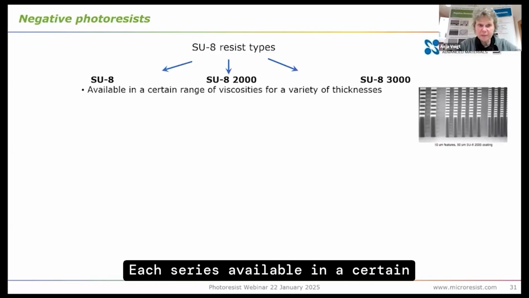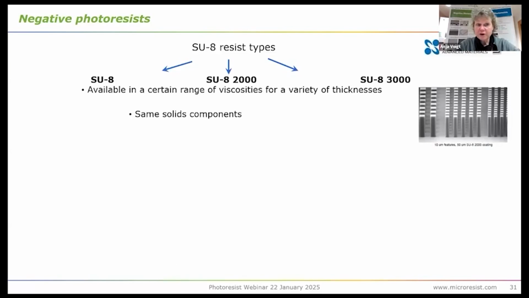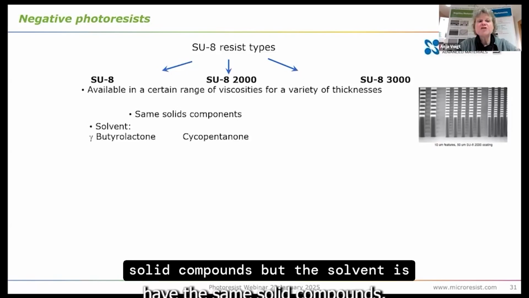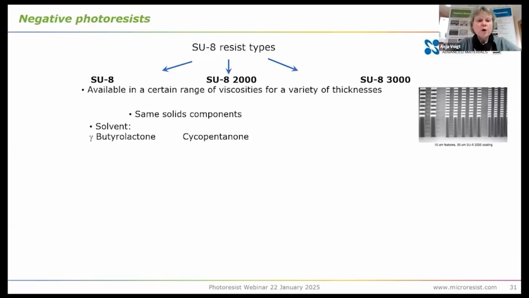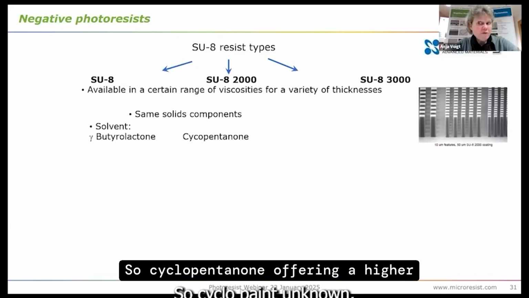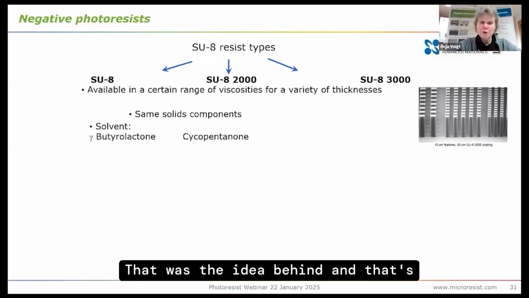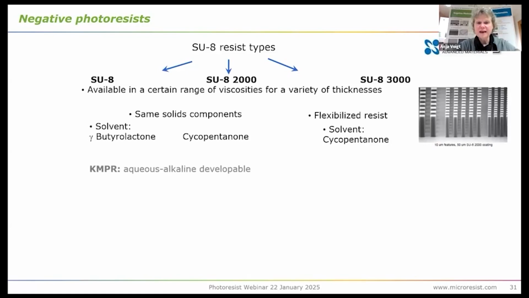Each series is available in a certain range of viscosity for a variety of thicknesses. SU8 and SU8 2000 have the same solid compounds, but the solvent is different. Why? Cyclopentanone offers higher evaporation, leading to faster drying. That was the idea behind it.